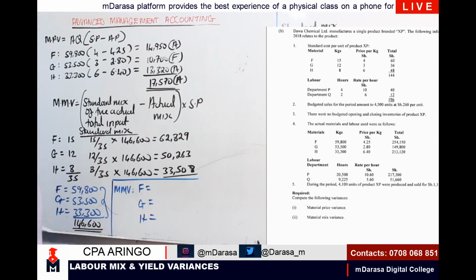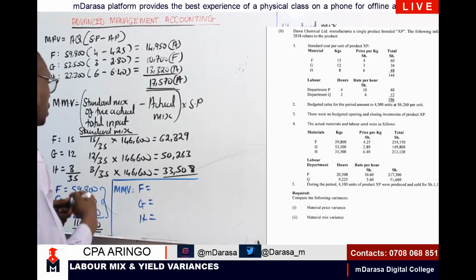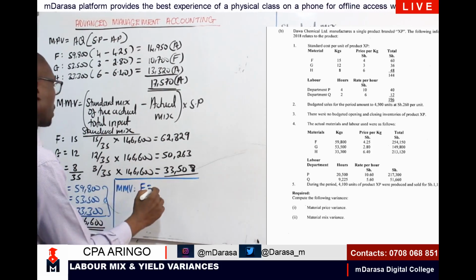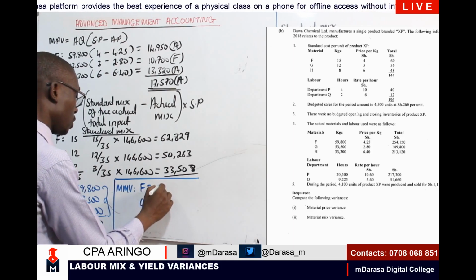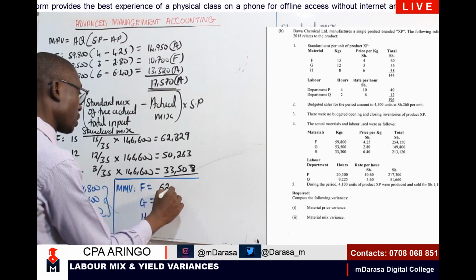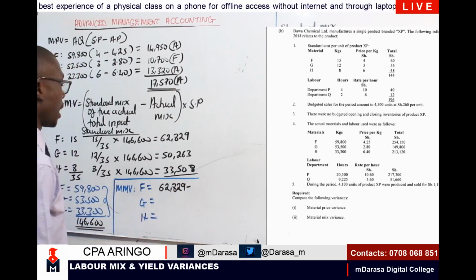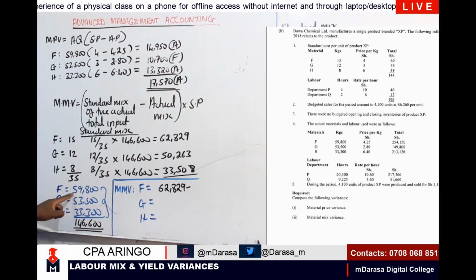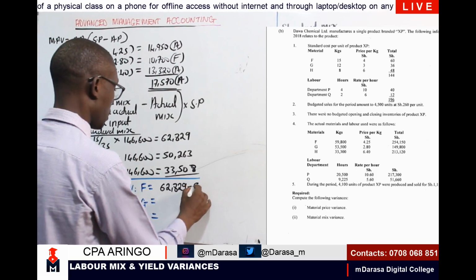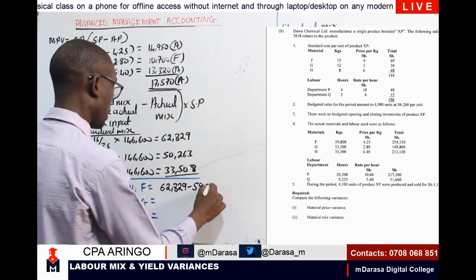For F, I'm going to take our standard mix of the actual total input, which we have determined to be 62,829, minus our actual mix, which is 59,800.